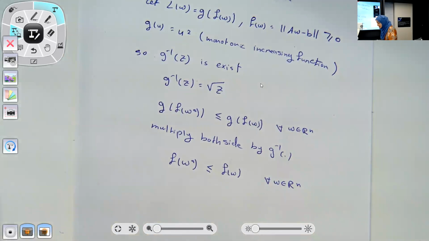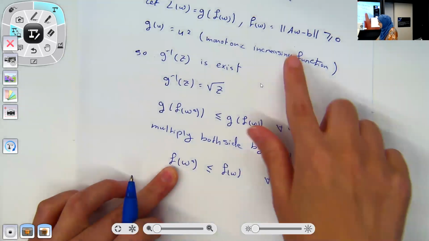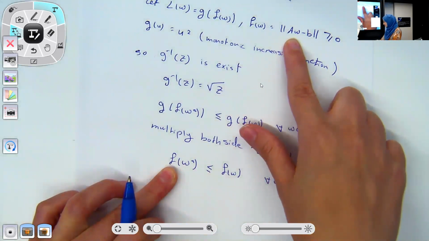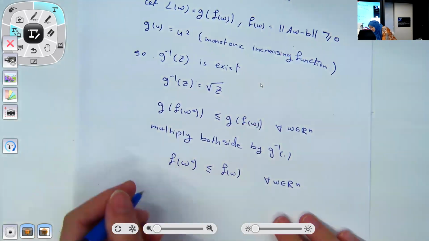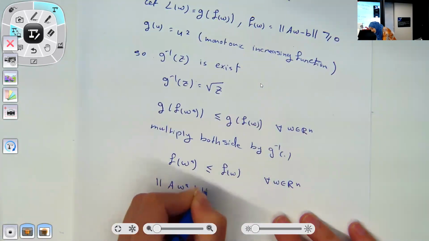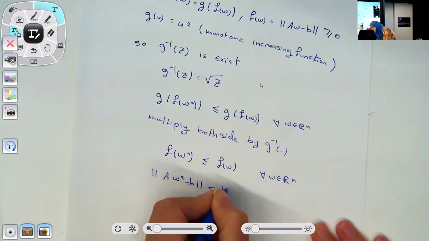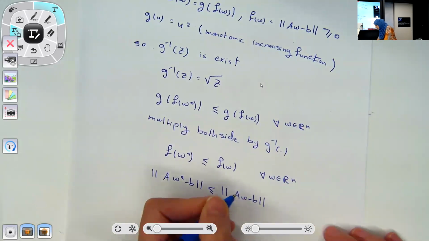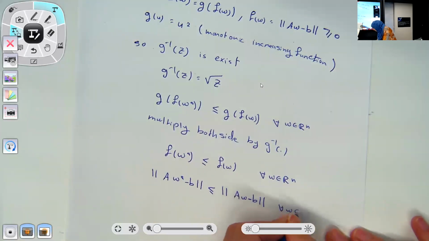And we supposed that f of omega equals the norm of A omega minus B. So we can substitute here: the norm of A omega star minus B is less than or equal to the norm of A omega minus B. So this is the proof for all omega belonging to Rn.